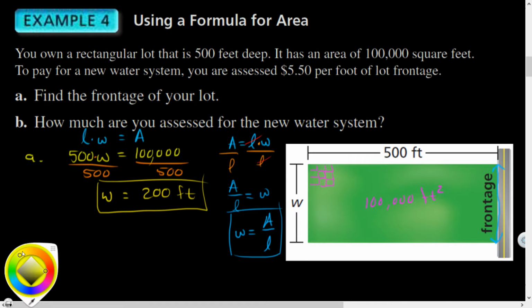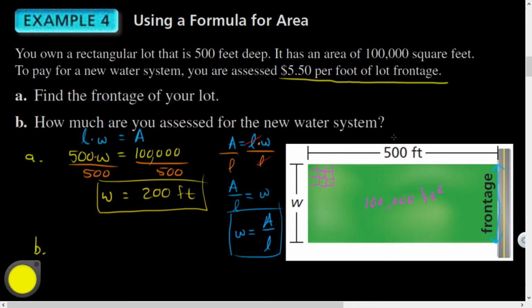Then they asked us this question: how much are you assessed for the new water system? So it says it's $5.50 per foot of lot frontage. So I believe my cost, I could call it C, is going to equal 5.5 times 200.